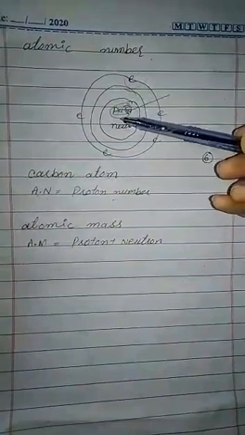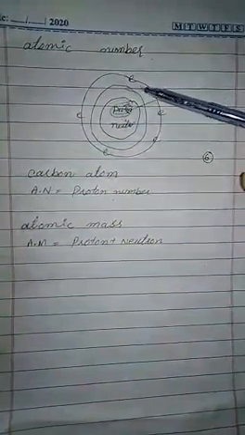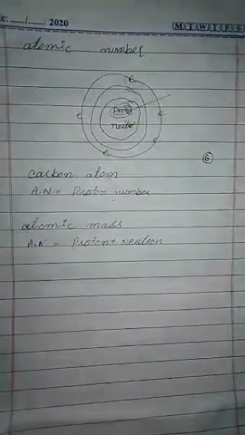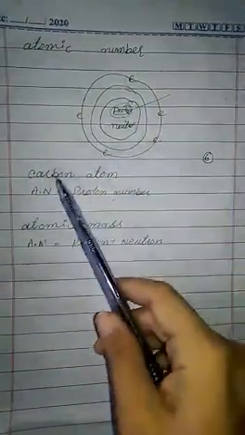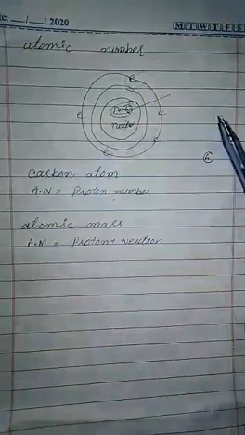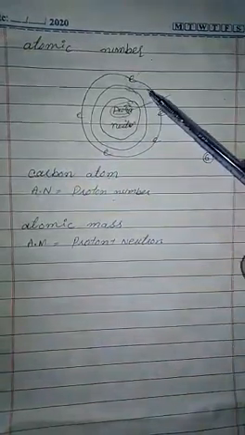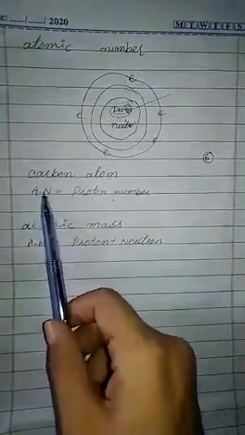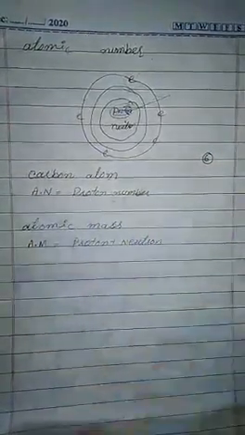Their numbers are equal. So we can say that atomic number is also equal to the number of electrons in the atom. So atomic number is equal to proton number.